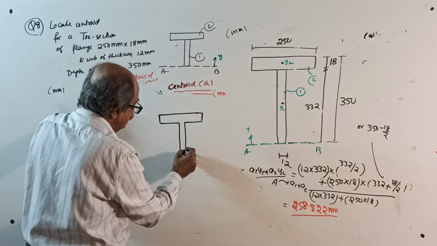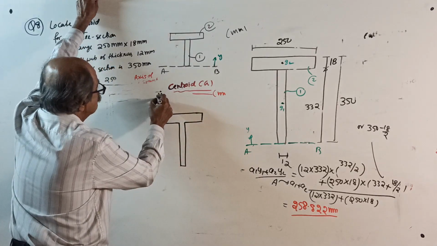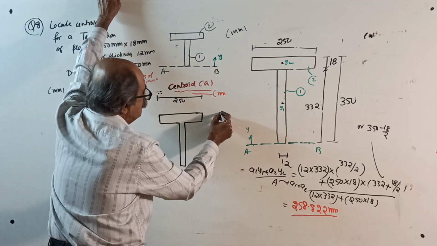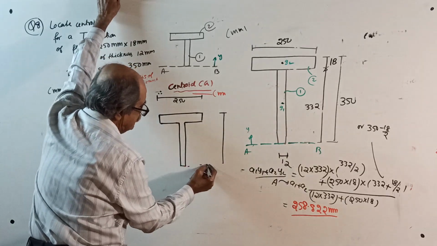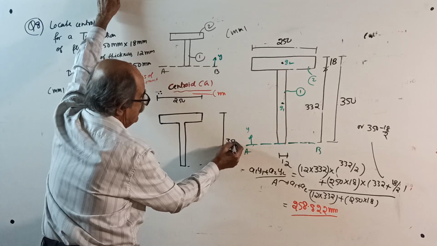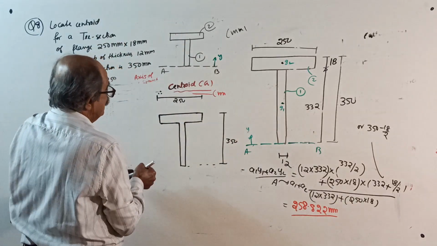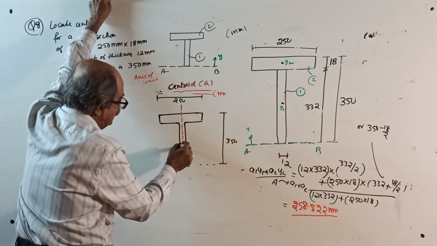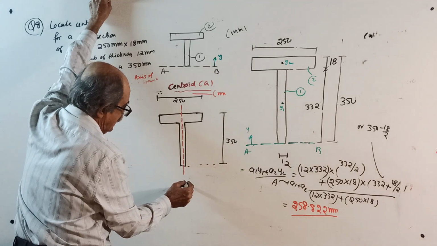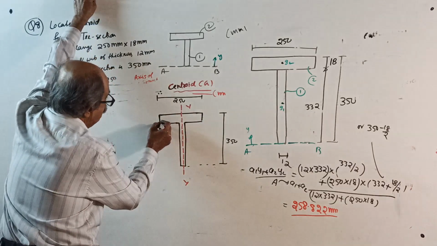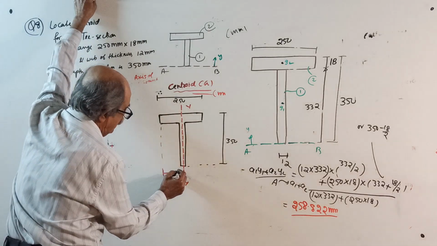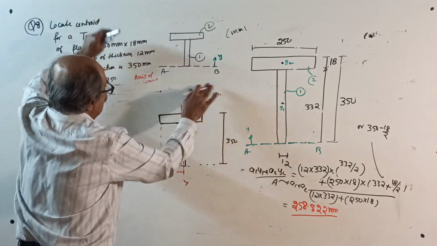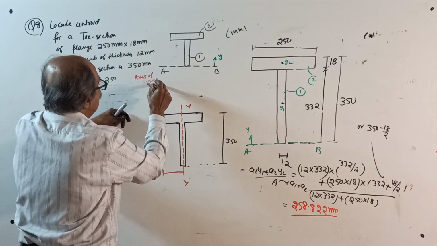Always make a practice, if possible, to write outermost dimensions. This is 250, outermost dimensions. Always better. 350. Now, centroid we got. First of all, this is the axis of symmetry, that is actually your YY axis. So if I measure from here, no need of calculating. You can mark 250 here, 250 here.